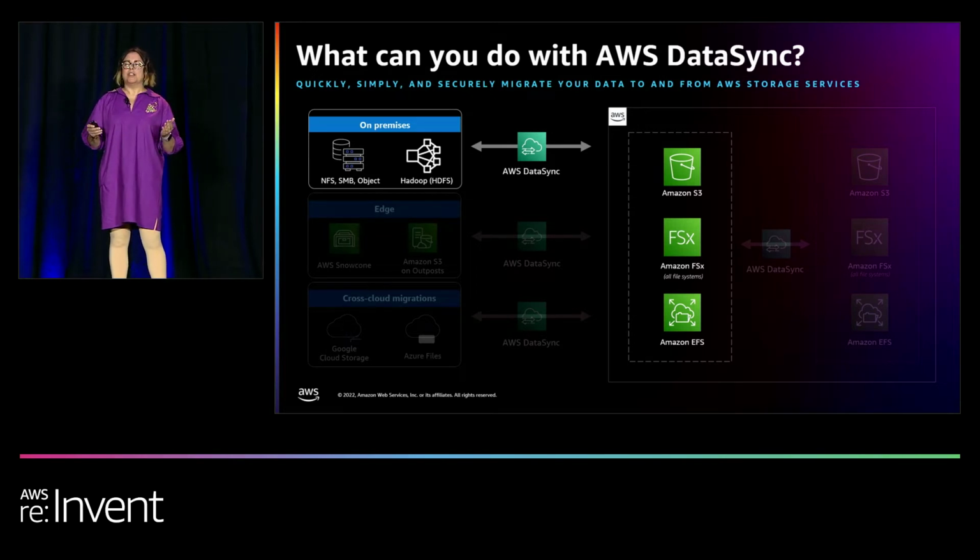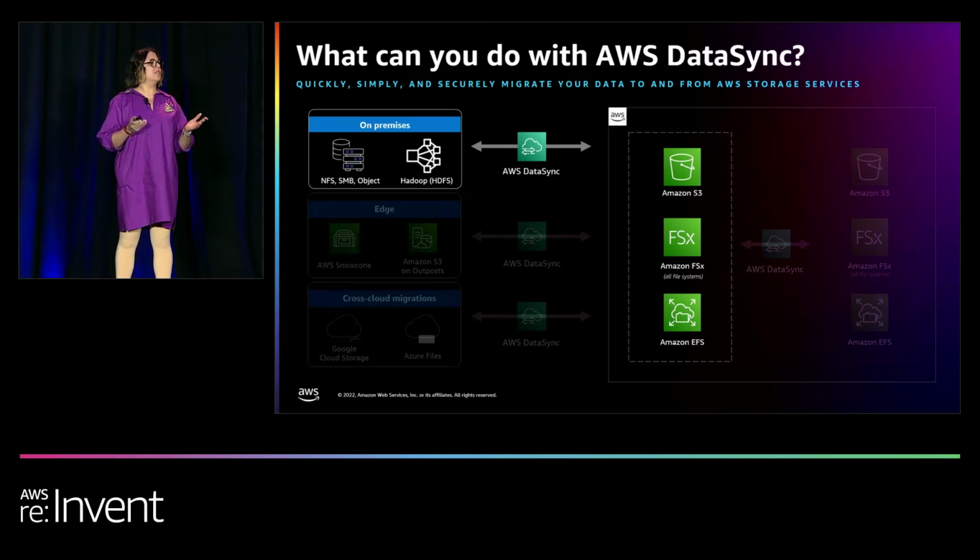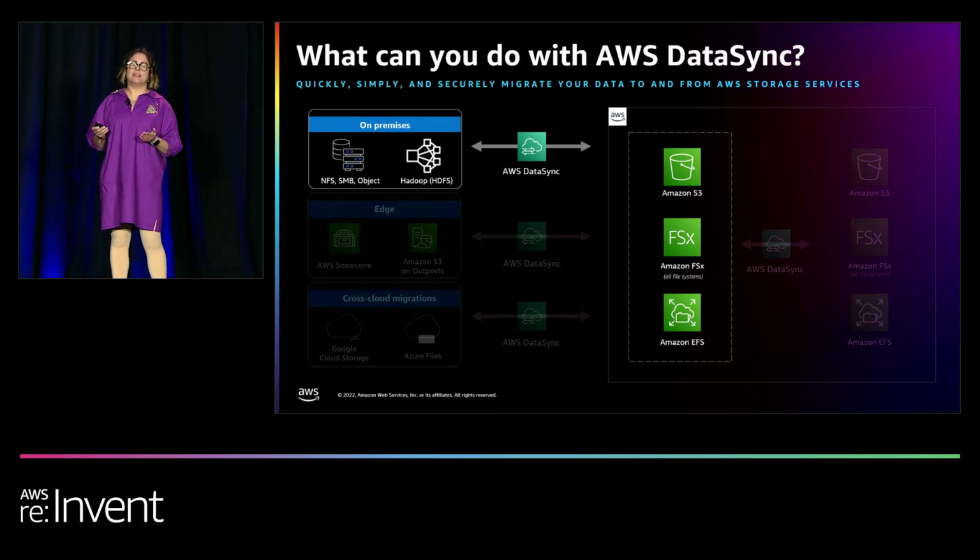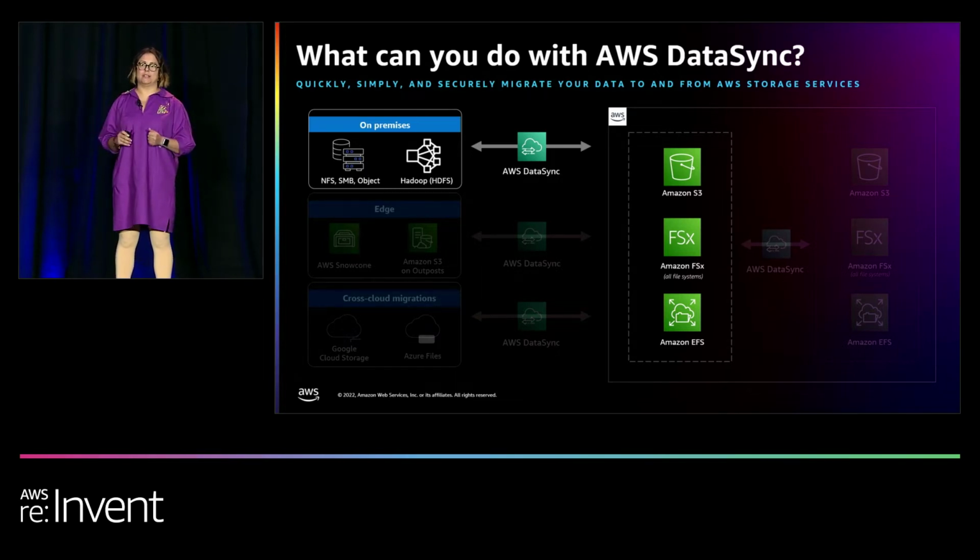And here you can think about your NFS or SMB file shares that you need to migrate, or maybe you have an object store system that is compatible with Amazon S3 API, or maybe you want to replicate some data from your HDFS cluster to AWS. So in all these cases, you can use AWS Data Sync to move your data into AWS.